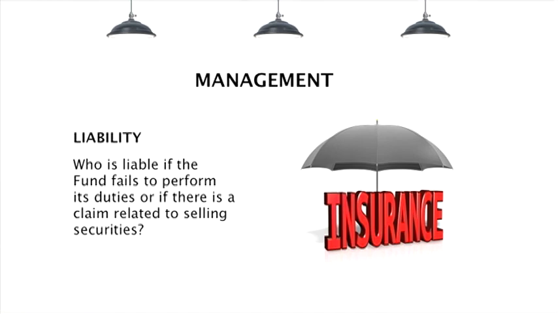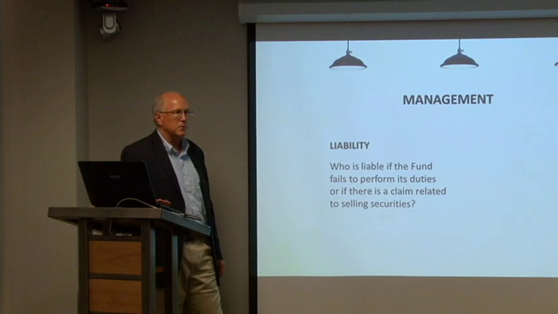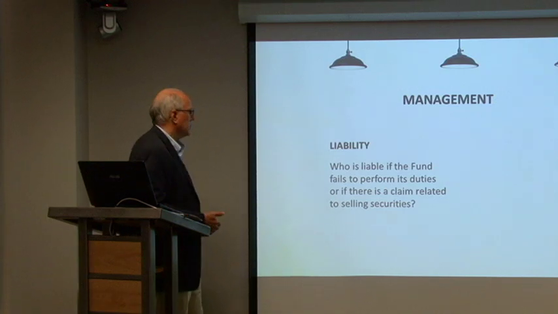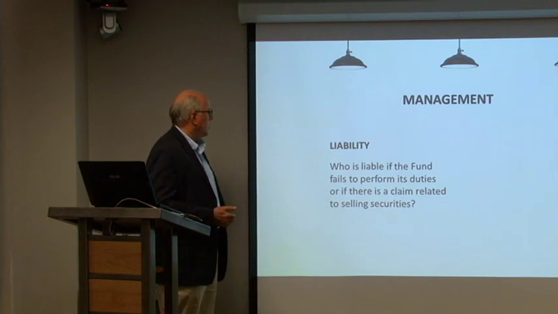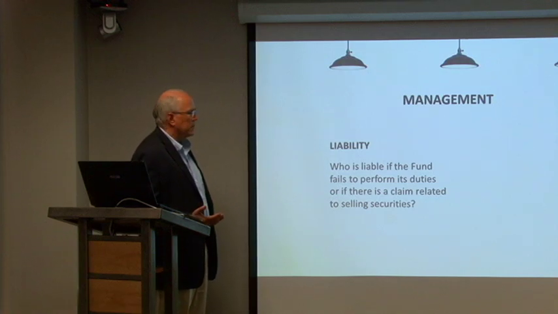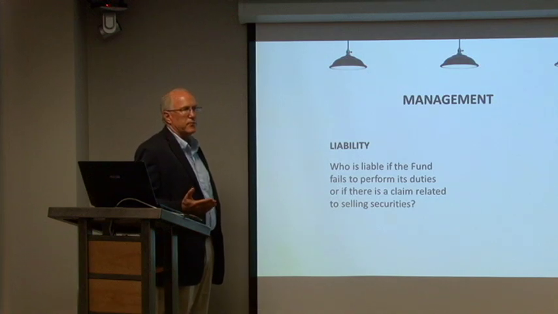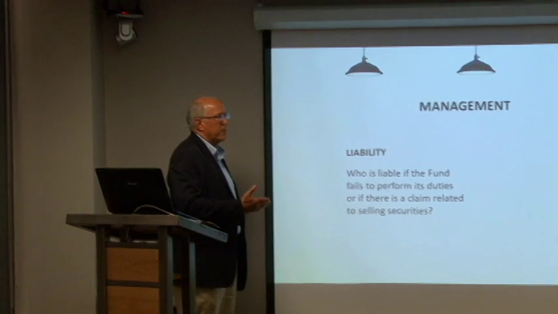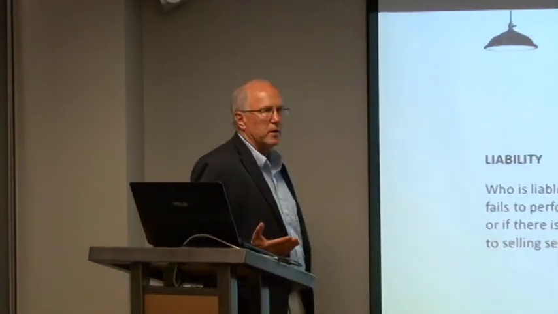Liability, again: what happens if something goes wrong? Because the fund has engaged in the sale of securities, except in those few exceptions where the investors are the owners and controllers of the fund, there is a potential liability that securities violations occurred, whether they're nominal, bureaucratic, form-filling types of things, or all the way up to securities fraud.